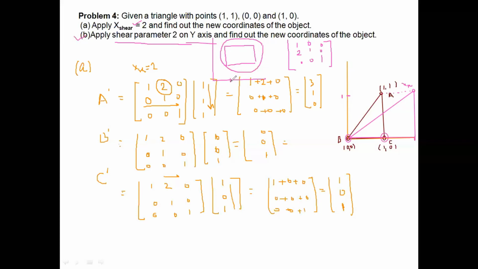You can take any value, 1 1 or 4 4 or whatever you want, and then apply the same unit shear in x and y. See what kind of new object or new coordinates you get as a graphical representation. I hope you are able to understand the concept of shearing and will be able to solve questions based on shearing. Thank you all.